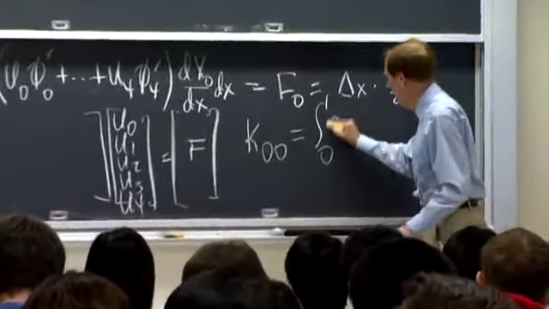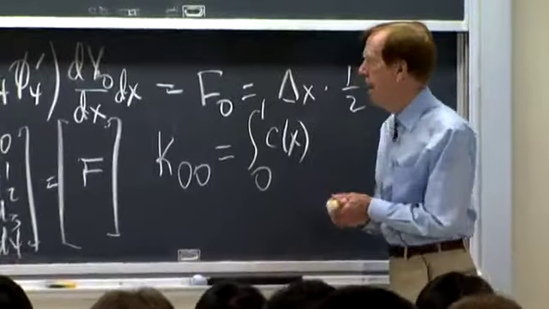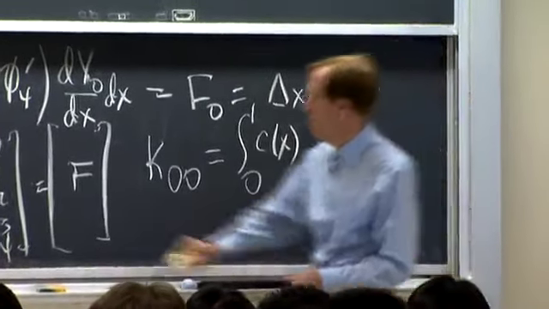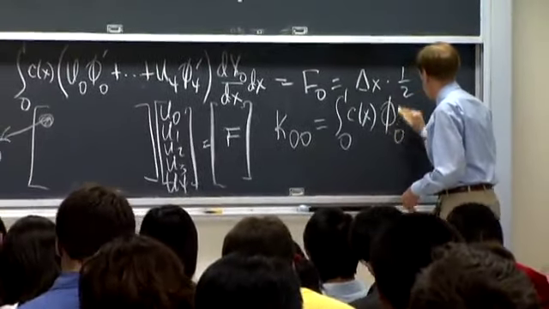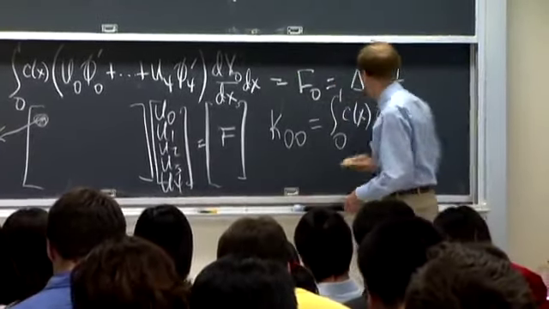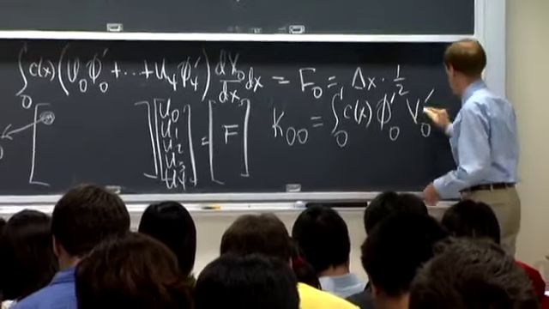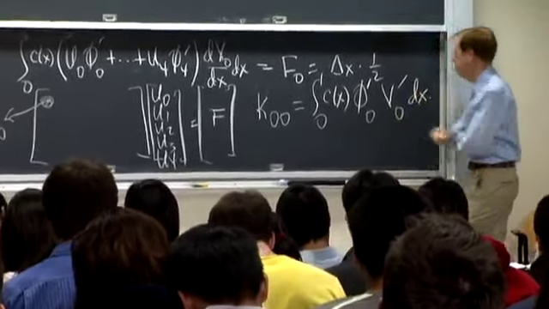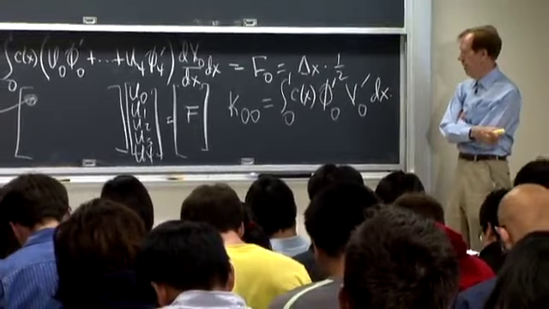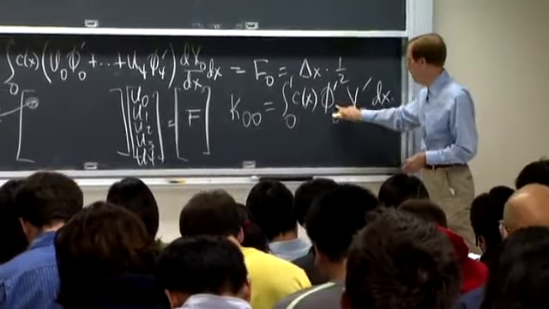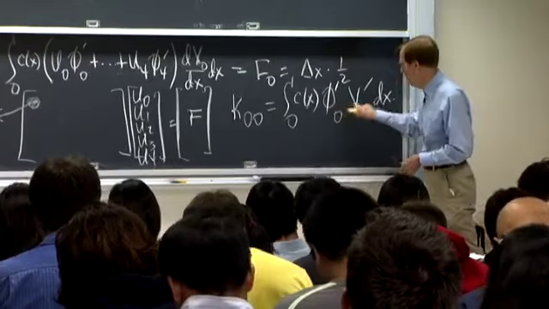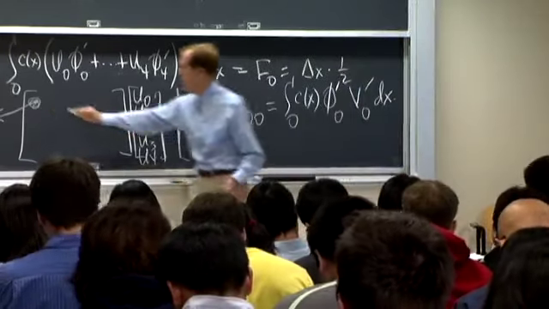C of x, good, times this guy, v0 prime, dx. That's what you have to do. C of x times phi prime times phi 0 prime, that's what would sit there.